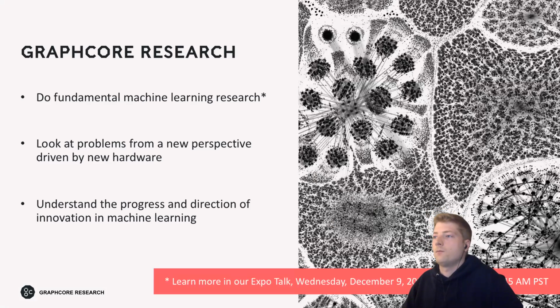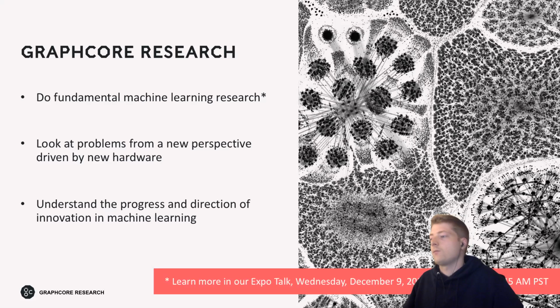So yeah, at Graphcore Research, we do fundamental machine learning research, and there's actually another expo talk on Wednesday, if you're interested. We look at problems, and our particular leaning as a research group is to try and get the new perspective that's caused by having a slightly different set of hardware than what most people are using.